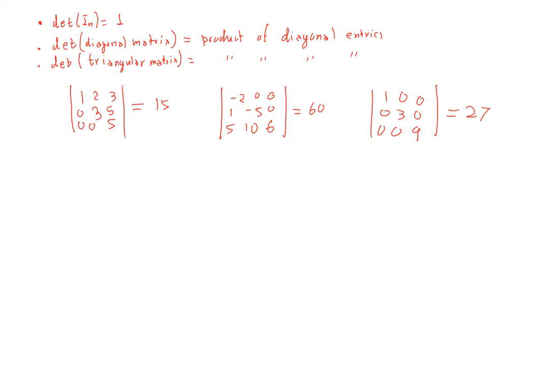Then the determinant of the product of two matrices, be careful here, they have to be square matrices, both of them, otherwise this equation doesn't make any sense anyway, is the determinant of A times the determinant of B. So the determinant is multiplicative. That's an excellent property.